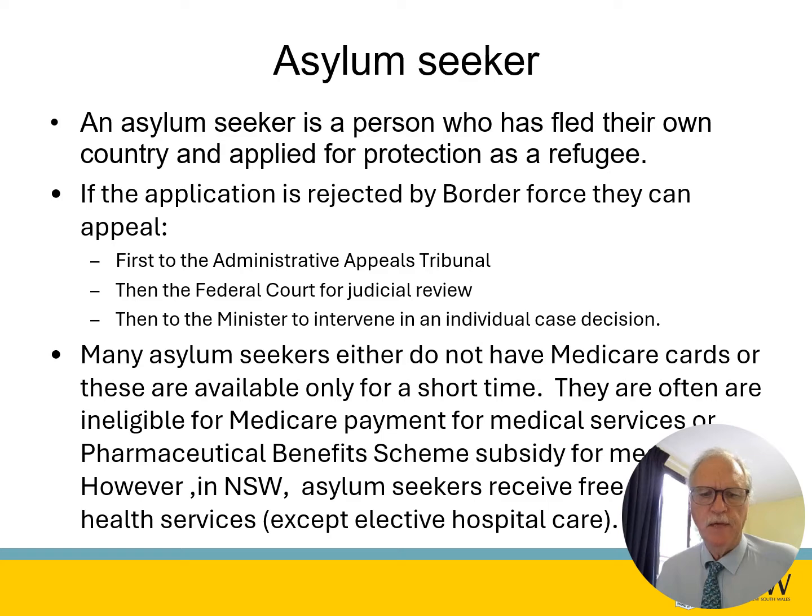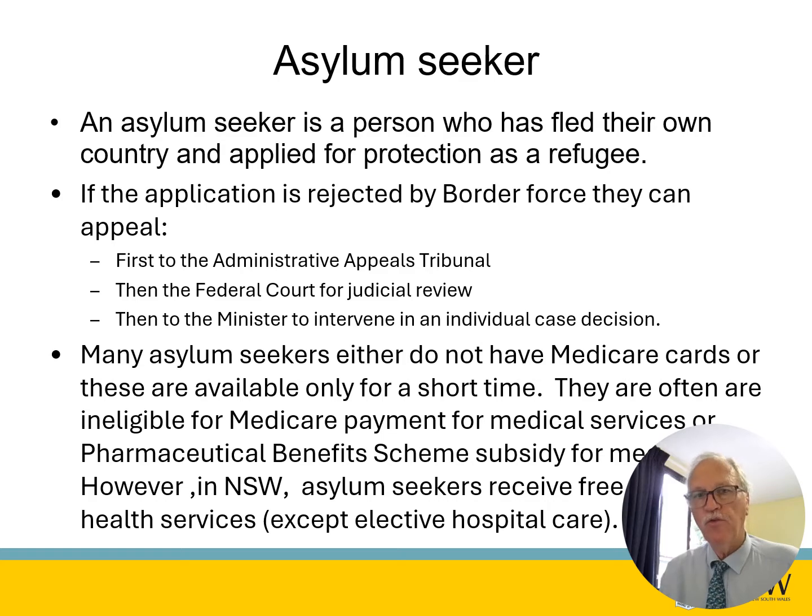Asylum seekers have fled from their own country and applied for protection as a refugee. They may arrive in Australia with a valid visa, for example, a tourist or education visa, and then claim asylum, and they're then put on another kind of visa, often a bridging visa E. If their application is initially rejected by the department, then an asylum seeker can appeal, first of all, to the Administrative Appeals Tribunal, and if this is unsuccessful, to the federal court for a judicial review.